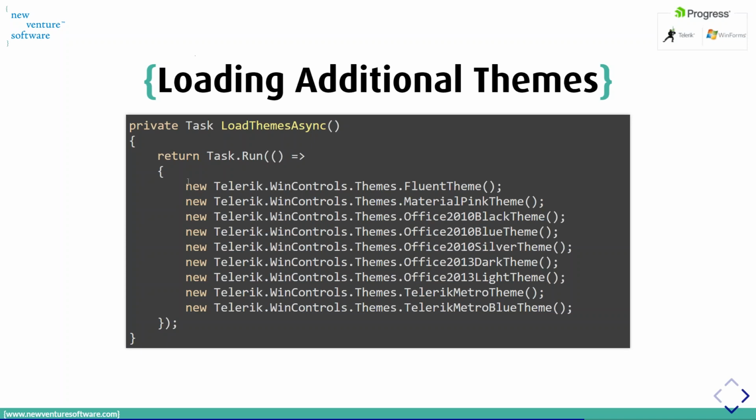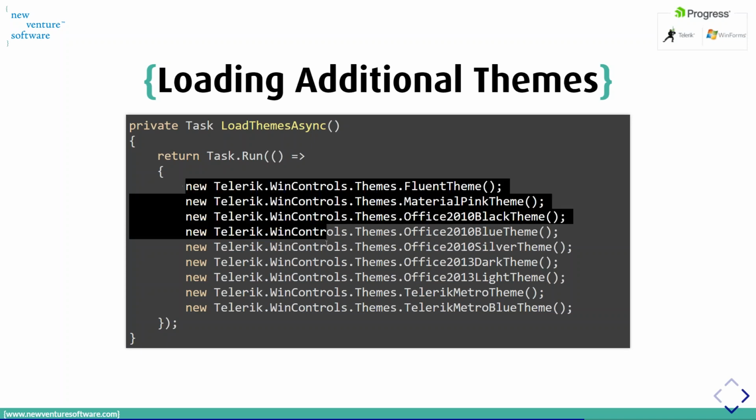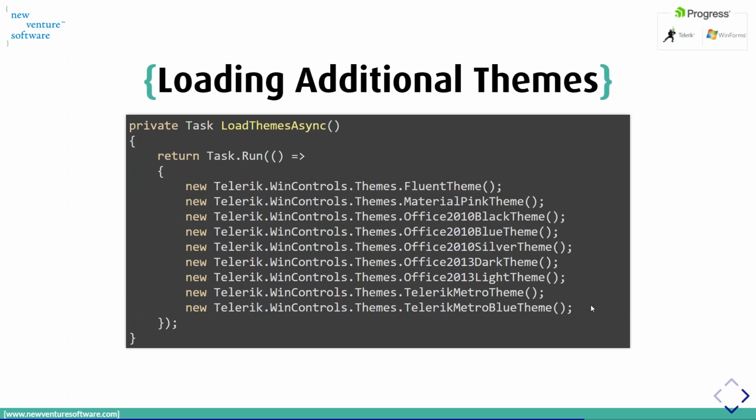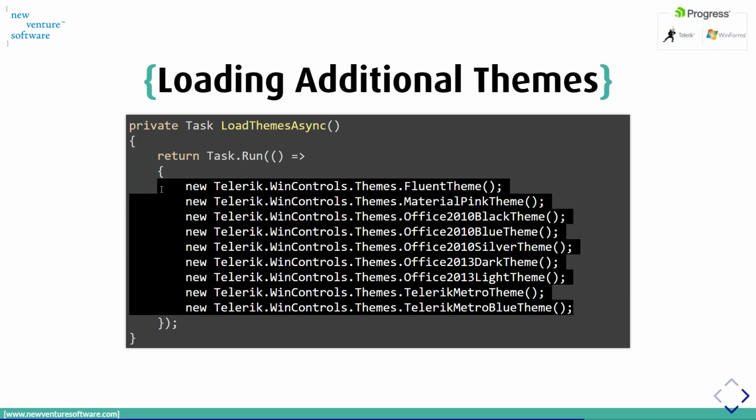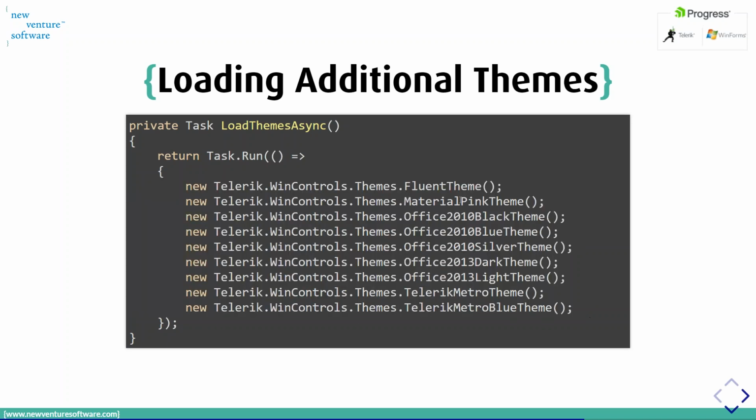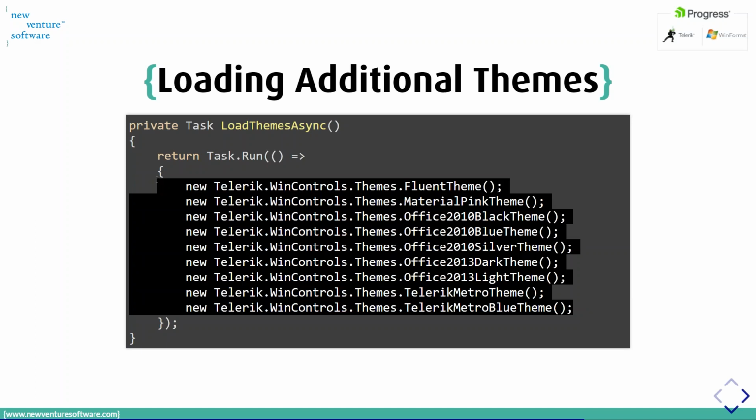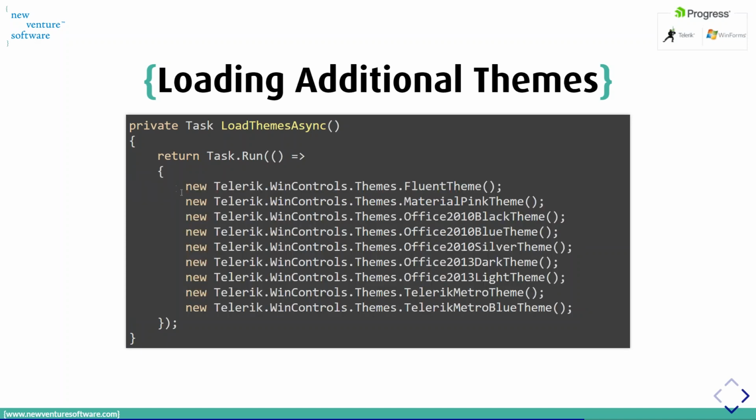For example, here in that snippet, I'm just referencing a bunch of themes, and this is taking on my PC an average of 400 milliseconds. So I'm not using all of those themes at startup, but if I reference all of them in my Program.cs, then it will just unnecessarily slow down the application startup time.